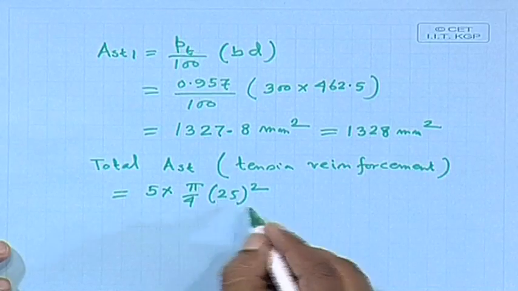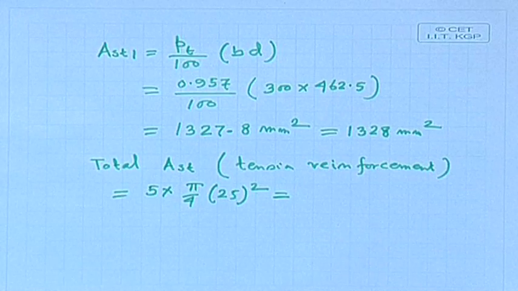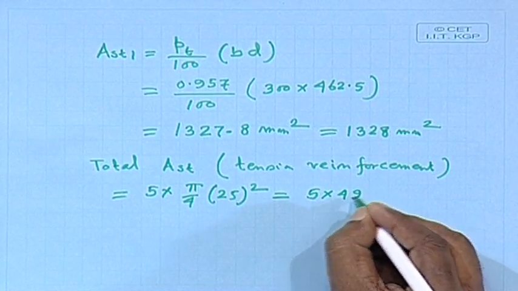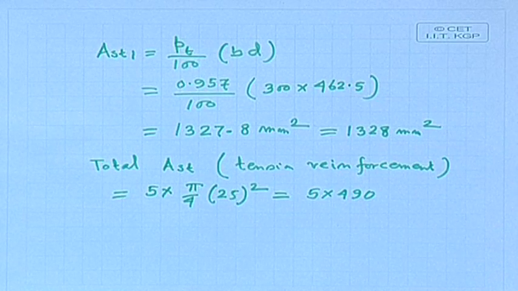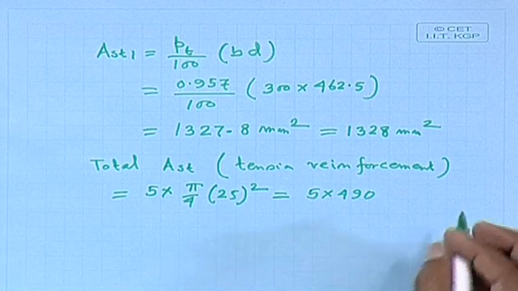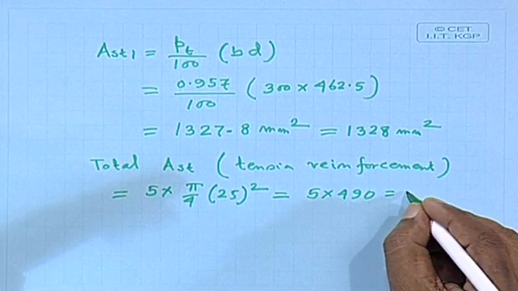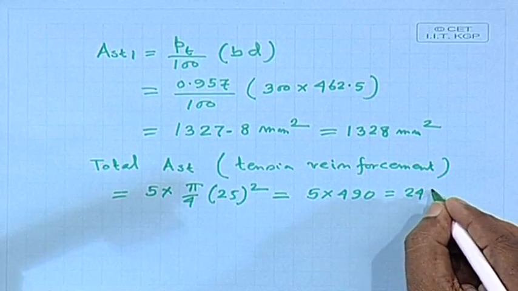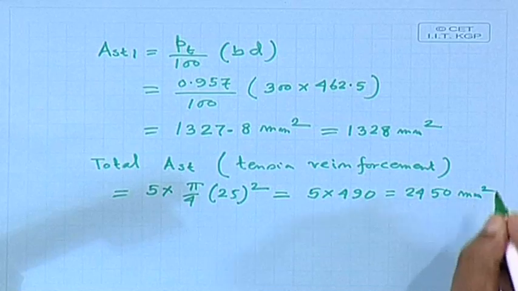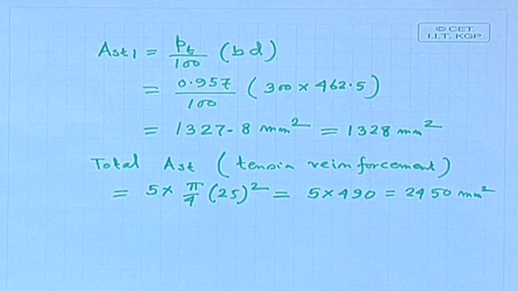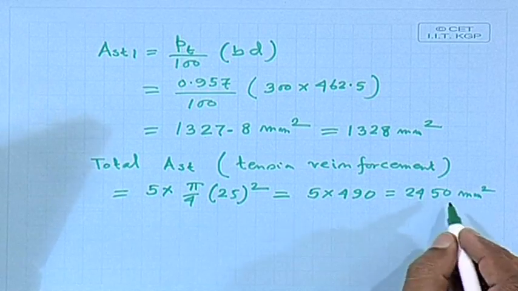So, 5 into pi by 4 25 whole square, which comes as 25 into pi divided by 4 into 5. So, I can write down as 5 into 490. If we write down, we can get little more, of course.